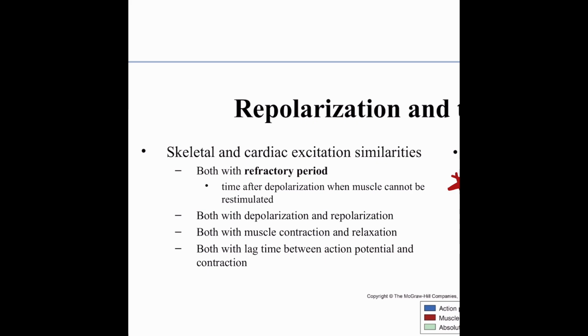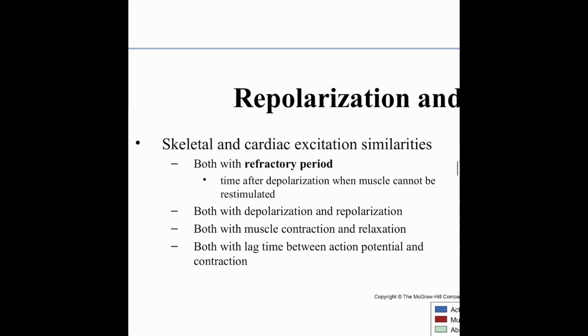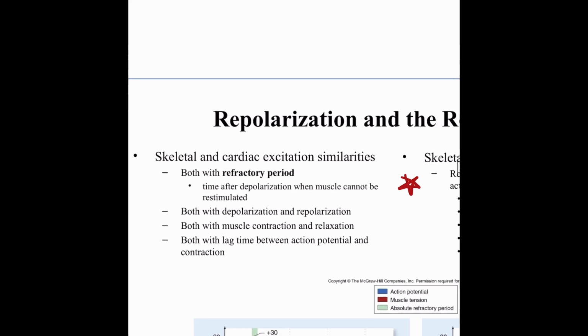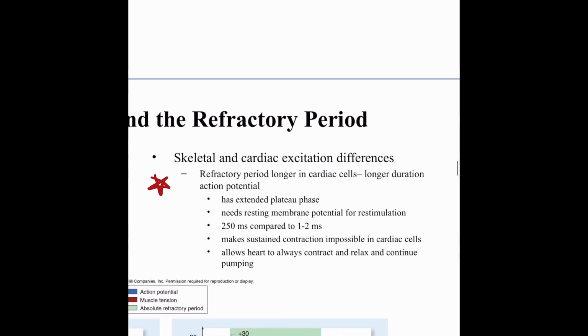They both have depolarization and repolarization. They both have contraction and relaxation, and both have a lag time between action potential and contraction. They differ in that the refractory period is longer in cardiac cells, and it also has a longer duration of action potential because calcium channels are open and calcium is coming into the cell while the potassium channels are open and potassium is leaving the cell.